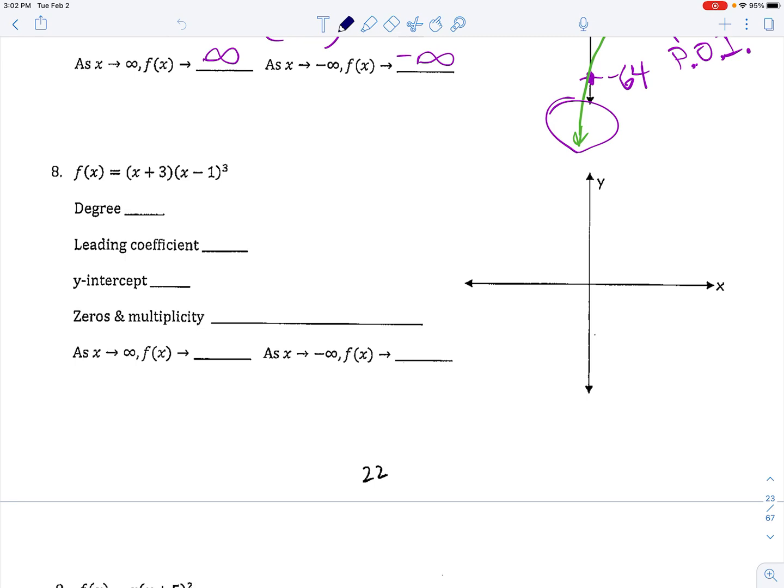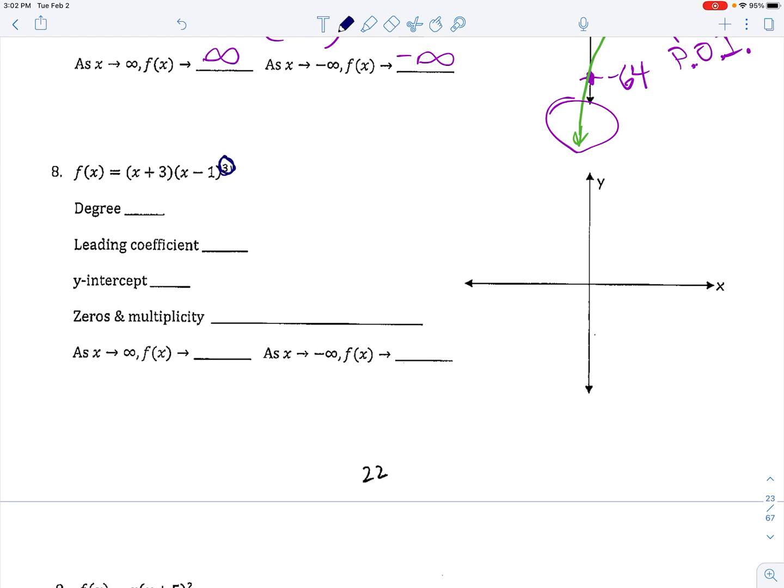The exponent will tell you whether it's odd or even multiplicity. The factor x minus 1 is raised to the power of 3, so you'd write it out 3 times, set that equal to 0, and have x equals 1, 3 times.